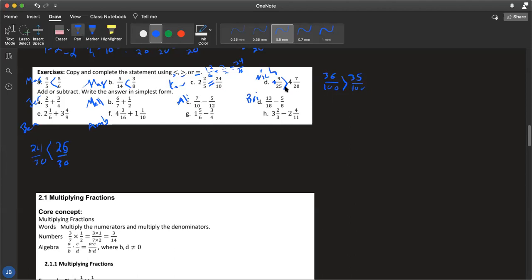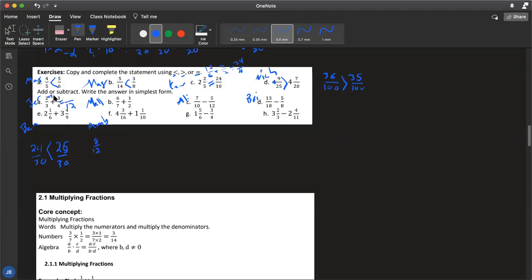Jerry, it looks like you got the next one. 2/3 plus 3/4. I found the least common denominator, which is 12. Because 3 times 4 equals 12, for the denominator we have to multiply the numerator by 4 as well.